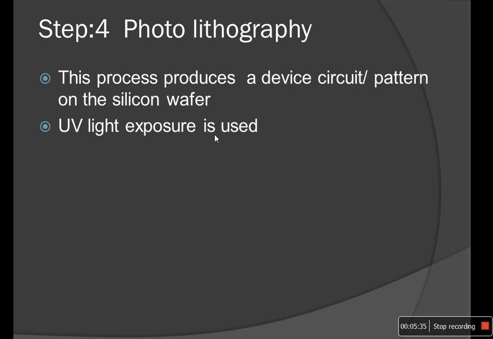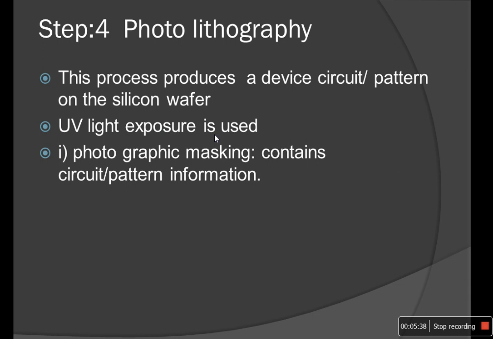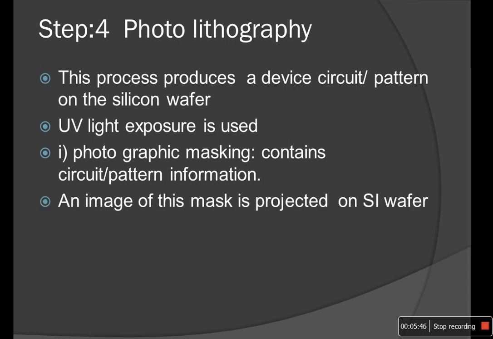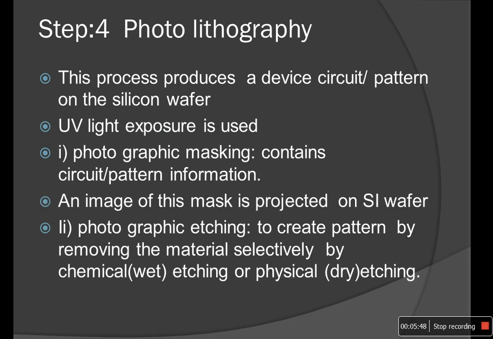Here we have two types of photolithography, that is photographic masking and photographic etching. In photographic masking, the mask contains the circuit or pattern information, and the image of this mask will be projected on the silicon wafer.